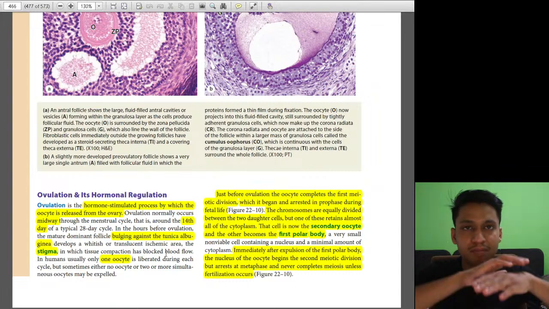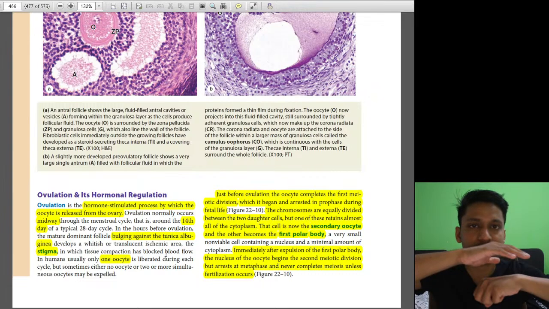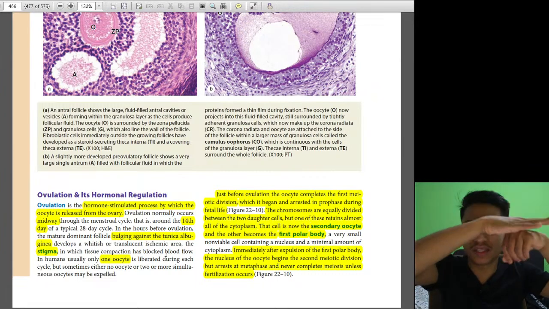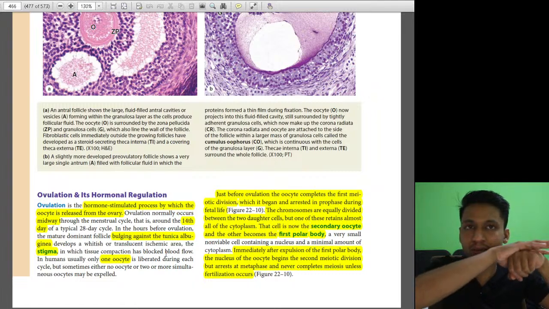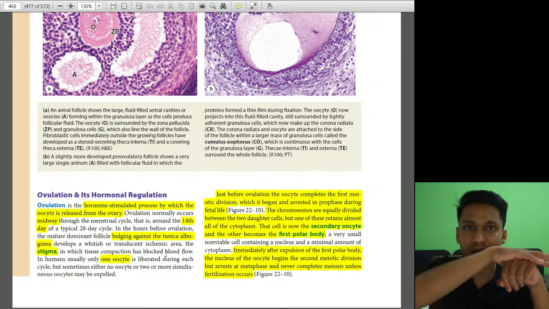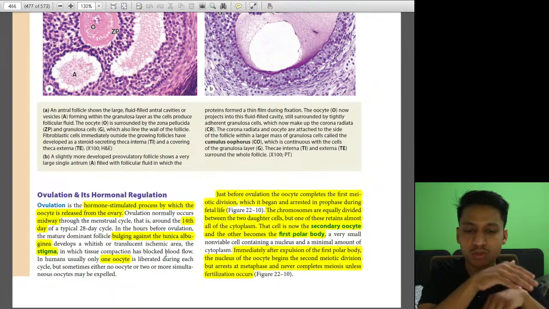So we have a layer of tunica albuginea, and the growing part of the ovary, and this connection with the tunica albuginea creates an avascular, translucent ischemic area. This is called the stigma, and eventually it is the area from which ovulation is going to take place.